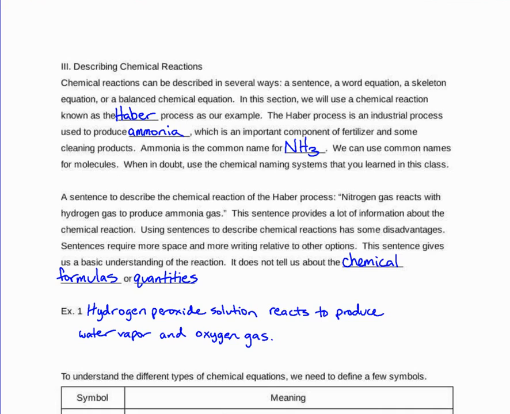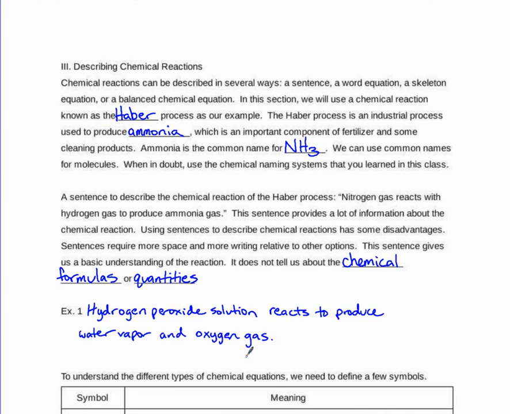So here's my sentence. Hydrogen peroxide solution reacts to produce water vapor and oxygen gas. First off, reactants. There's only one. Hydrogen peroxide solution reacts. Products. It produces water vapor and oxygen gas. So we have one reactant and 2 products.